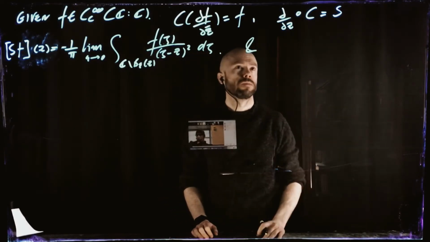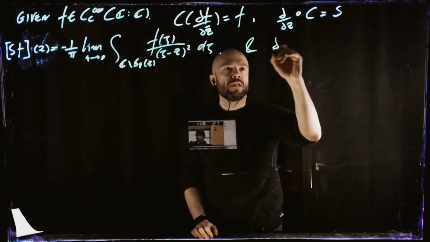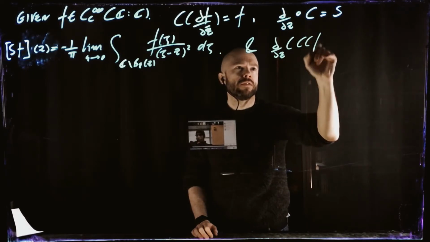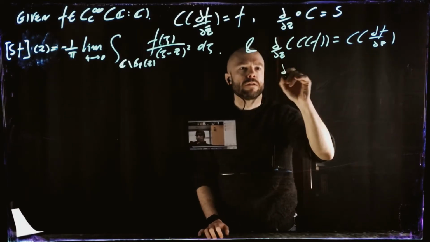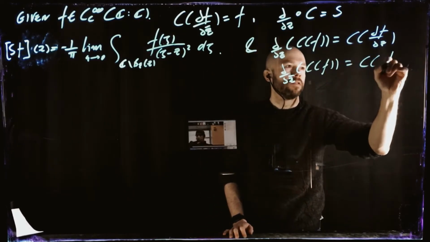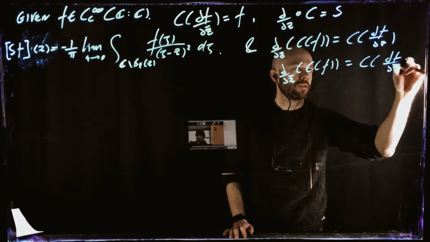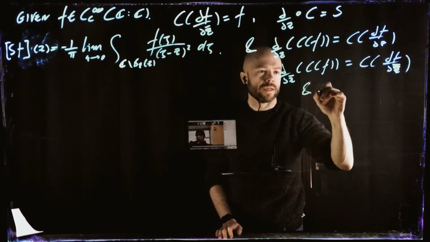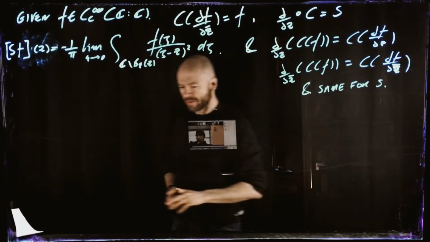Let me just say this. d by dz of C of f equals C of df by dz, d by dz bar of C of f is C of df by dz bar, and the same for S as well. That's where we left things.